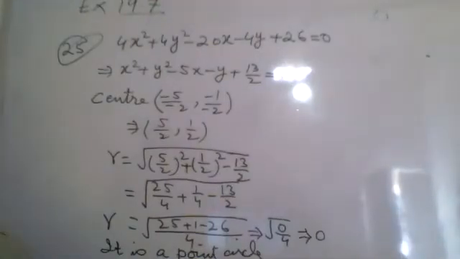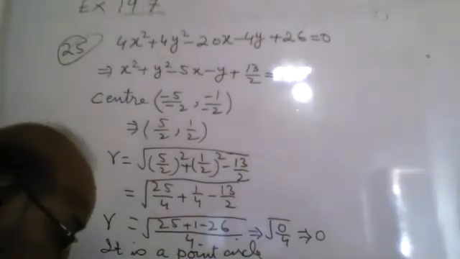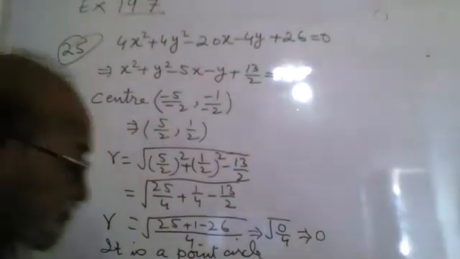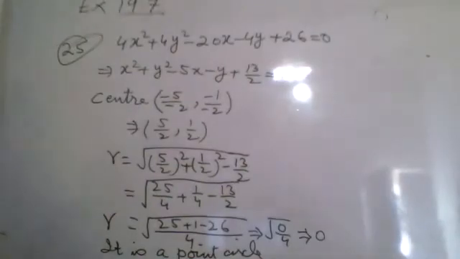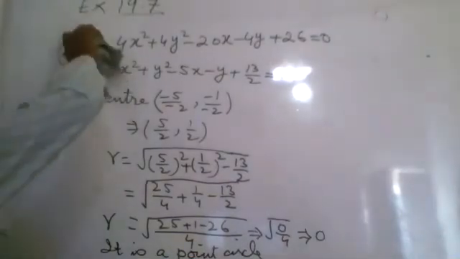If R is an imaginary number, it is an imaginary circle. Question number 26. So here R is 0, therefore this is a point circle.